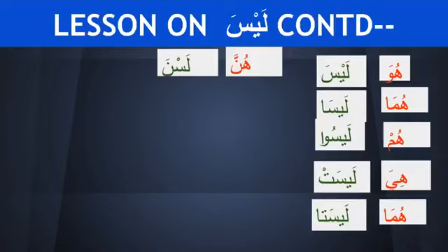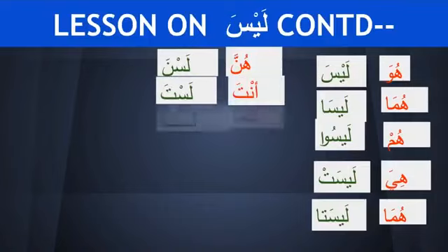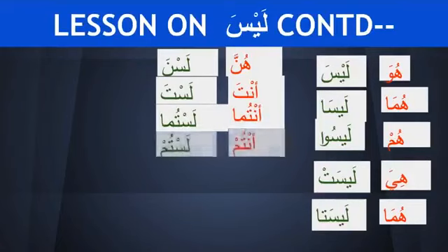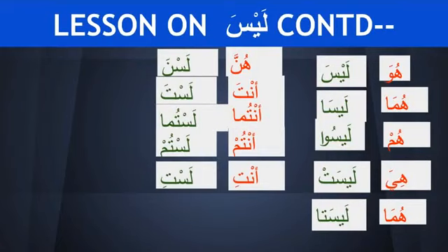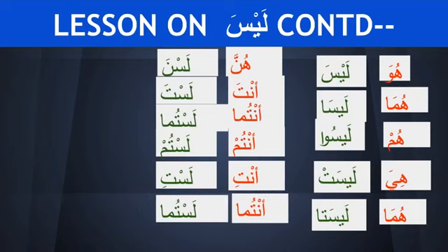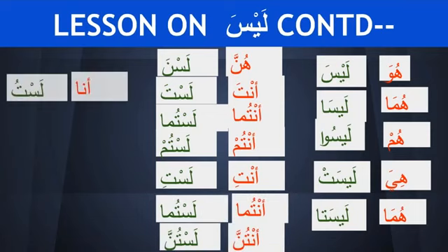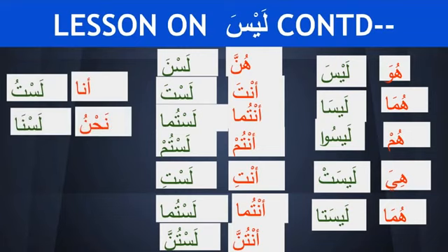So ya being a weak letter, that letter is dropped completely, so we get lasna. So hunna lasna, anta lasta, antuma lastuma, antum lastum, anti lasti, antuma lastuma, antunna lastunna, ana lastu, nahnu lasna.